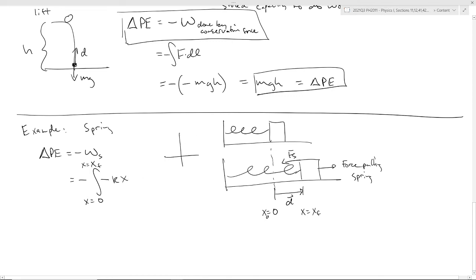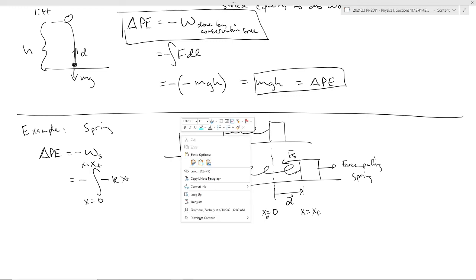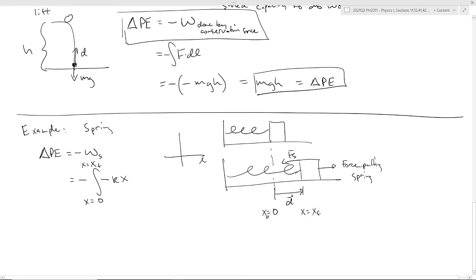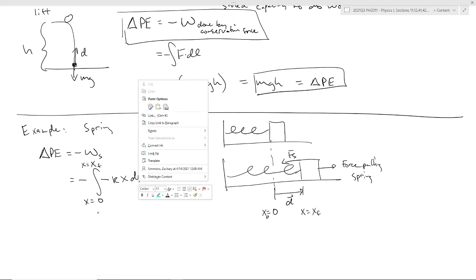We have our cartoon drawn here in x, and we know the spring force looks like negative kx. So what we need to integrate is just kx. We know, or we should know, this integral.